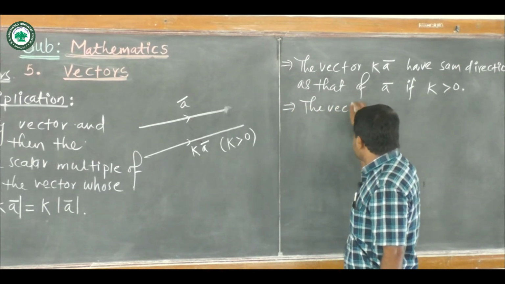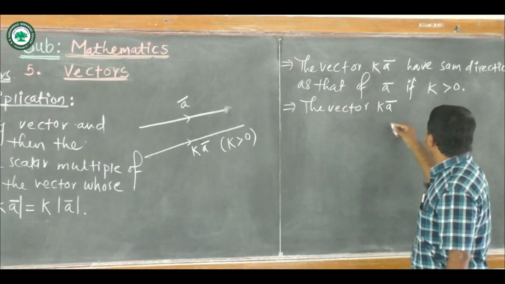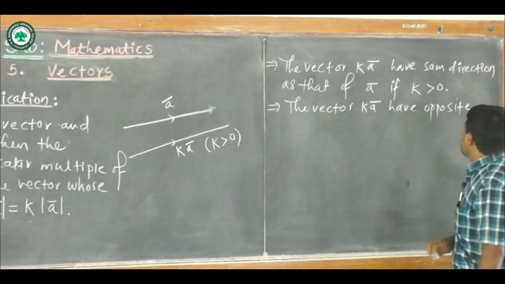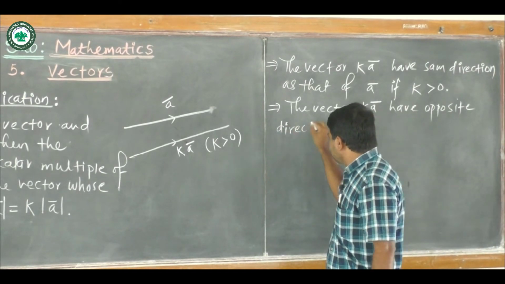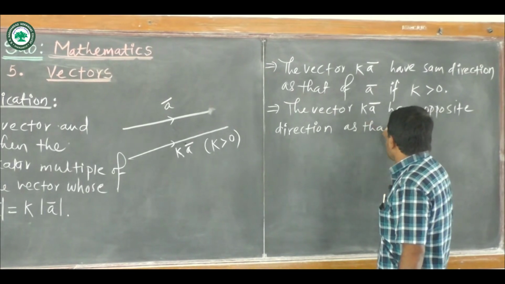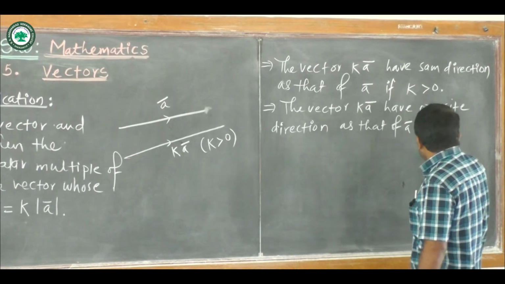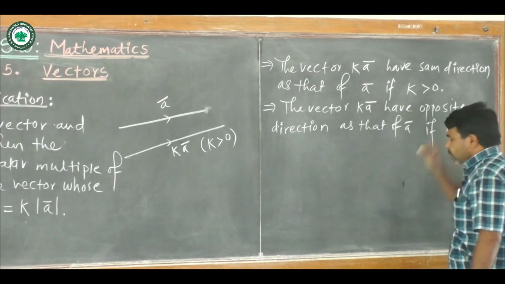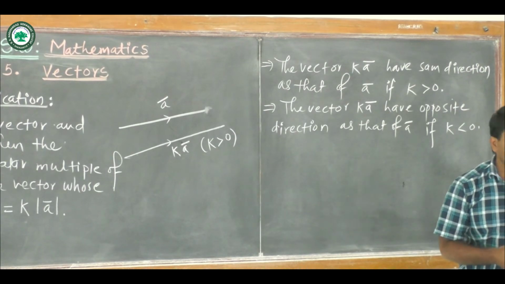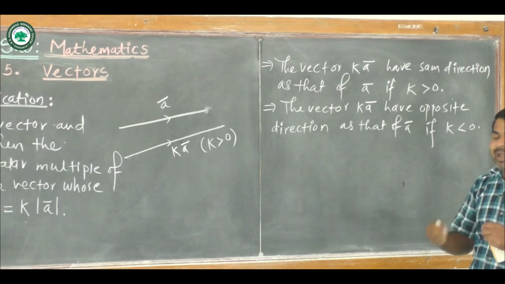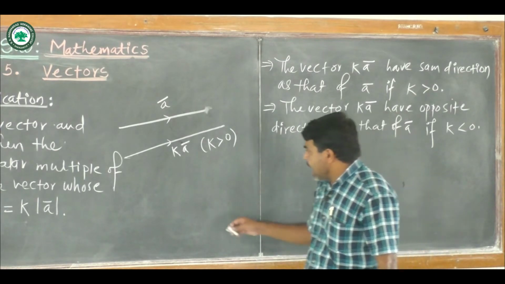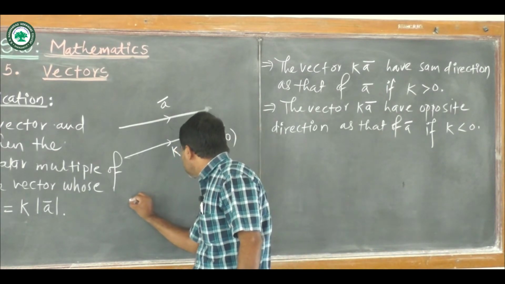The vector k into a bar has opposite direction as that of a bar if k is less than 0. Means if k is negative, like -1, -2, -3 and so on, at that time the vector k into a bar has the direction opposite to a bar.